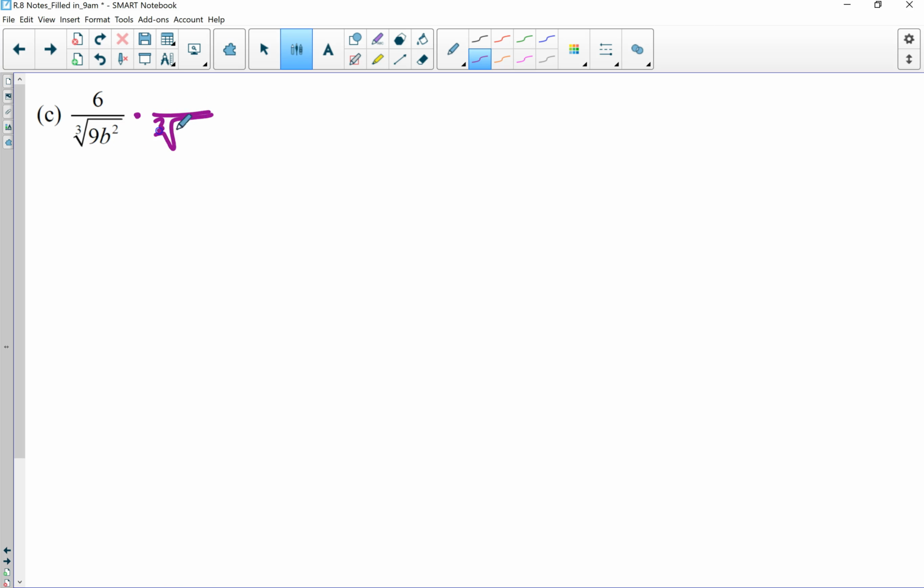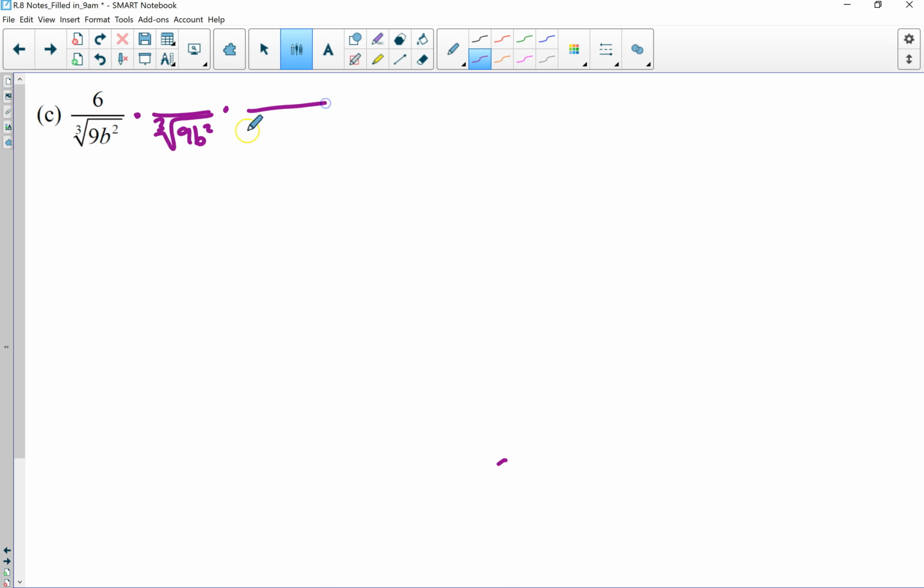So if I multiplied the cube root of 9b squared, like we did on example A there, it wouldn't really help me much. I would have 2 of these roots multiplying together. So it's not enough, right? I need to get the cube root canceled by a power 3. So I've created a power 2.